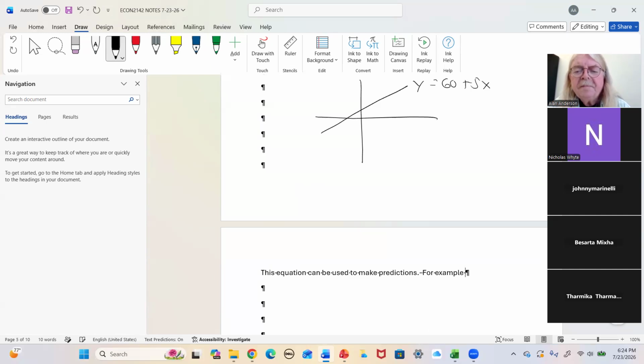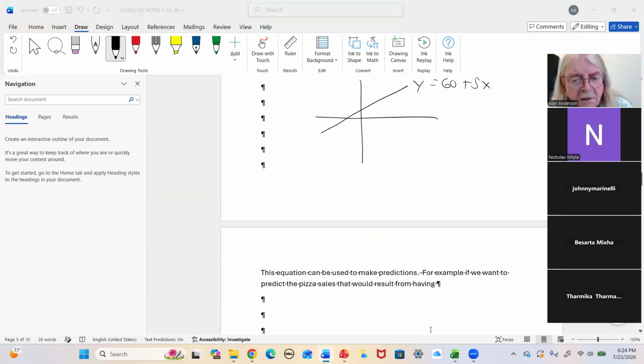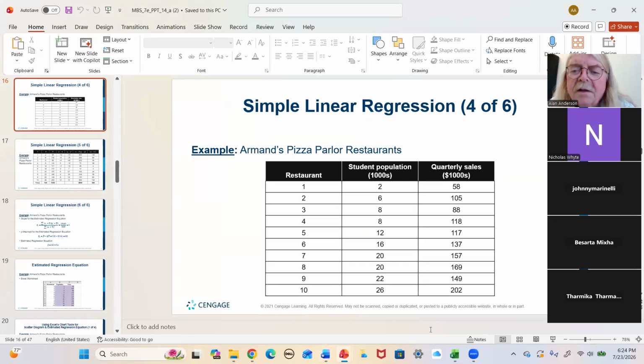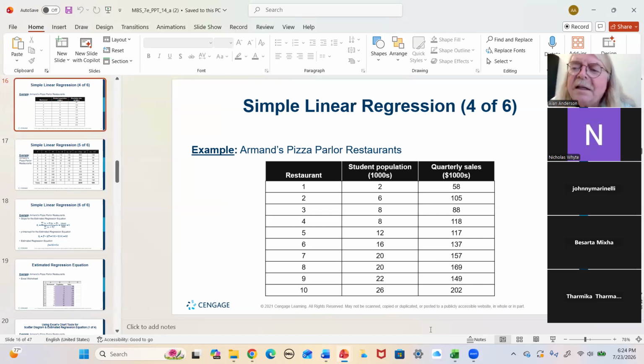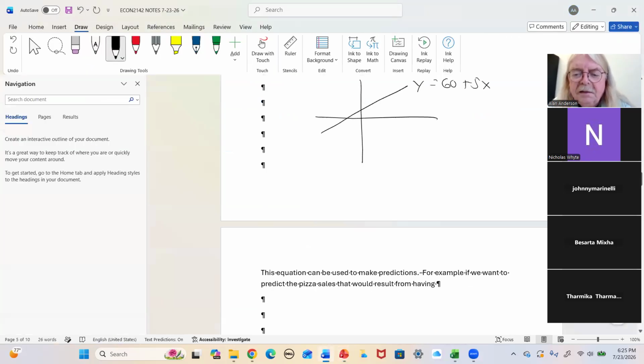For example, if we want to predict the pizza sales that would result from having, let's say 220. No, wait, I'm looking at the wrong column. Let's say 30. Let's say next year we think that there'll be 30,000 students. You can plug in 30.